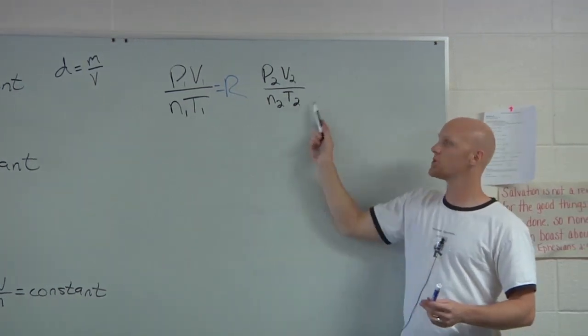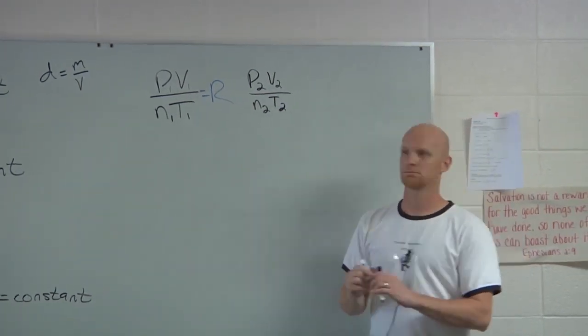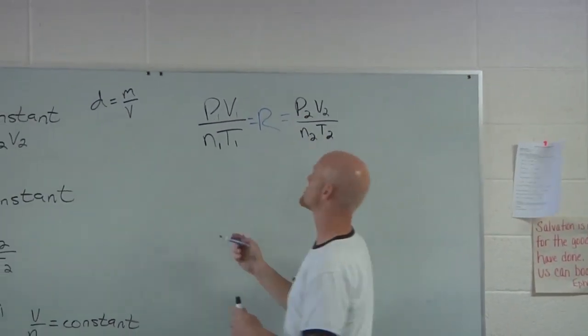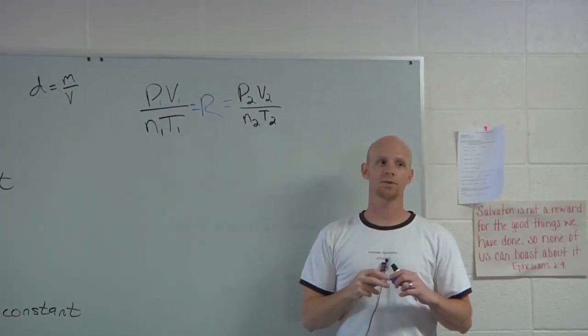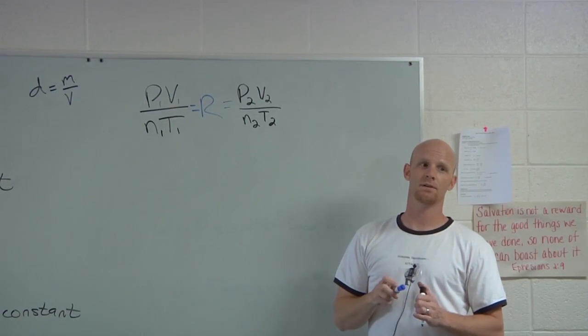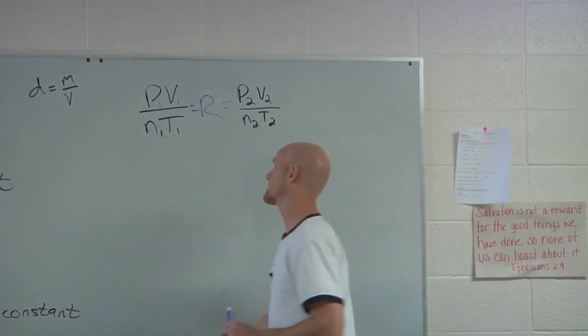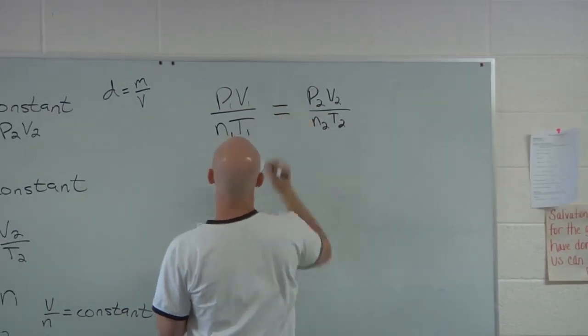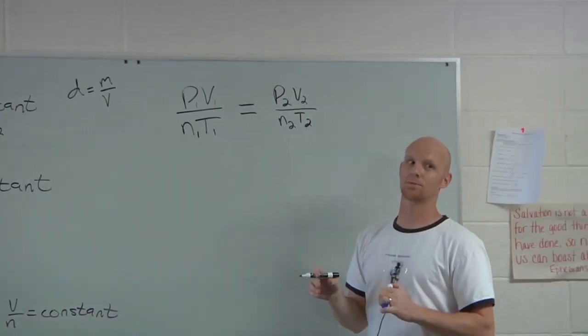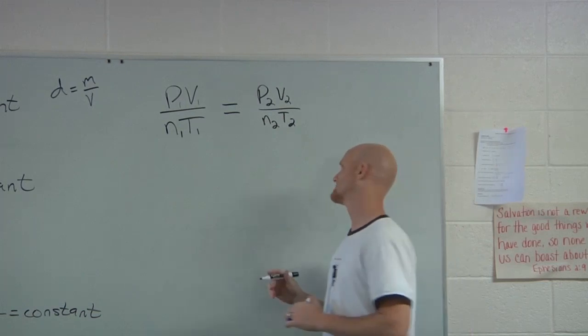What would this ratio now equal? Also equals R. So if this equals R and this ratio equals R, then what must be true? They equal each other. Anybody remember what law of geometry that was? What property?